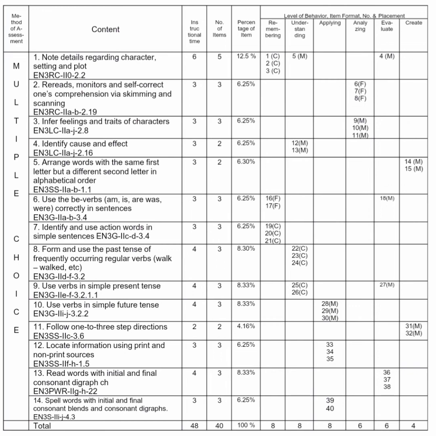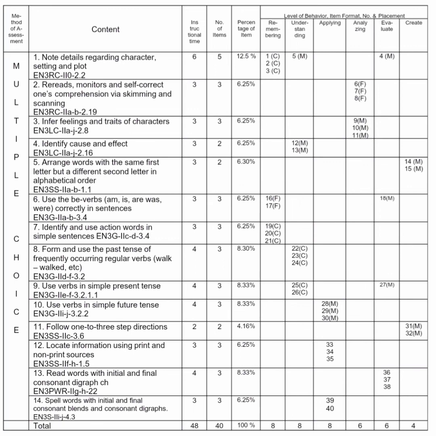It could be in remembering, understanding, applying, analyzing, evaluating, or creating. For example, in content number 1, the total items is 5. Now, items 1 to 3 fall under remembering. Item number 4 falls under evaluating, and item number 5 falls under understanding.